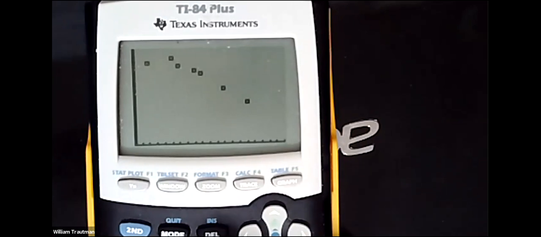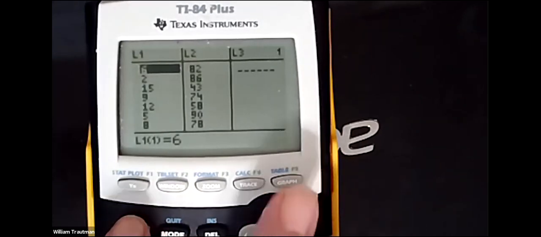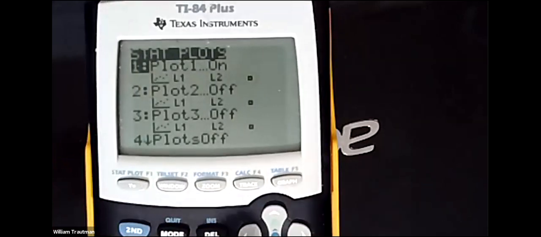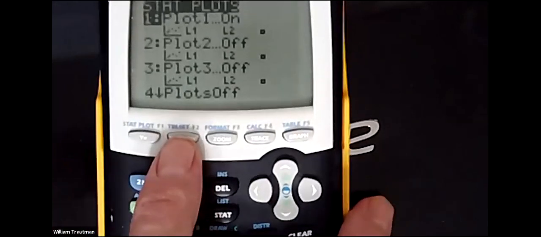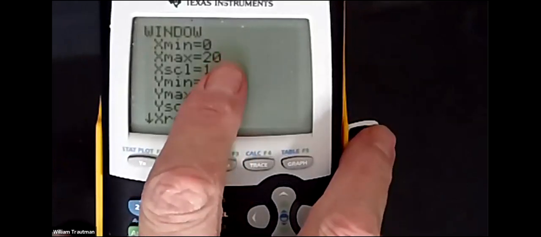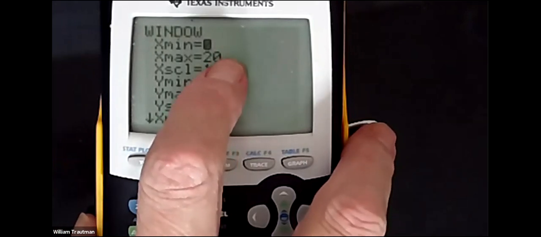So once again, stat number 1 edit, I typed the data into L1, L2. Stat plot was on already. We go to window. Don't forget window right here. And we're going to set it to the highest X value that's in L1. We have to set it more than that.